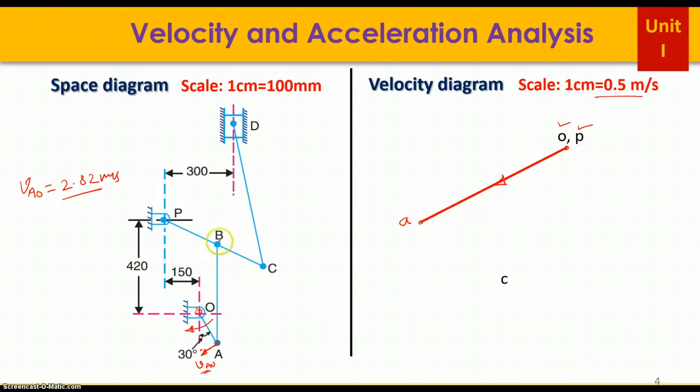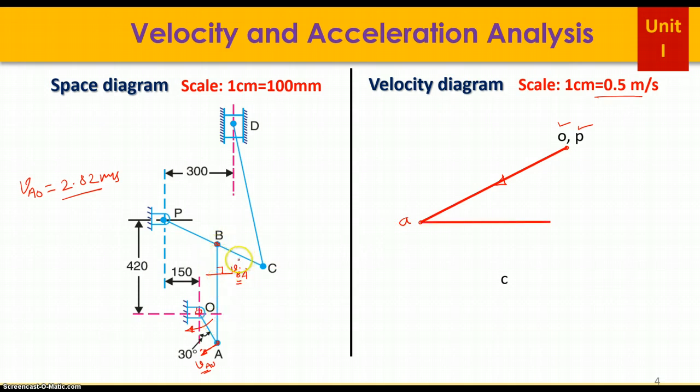Now the second point is B. The velocity of B with respect to A is always perpendicular to this link AB. You know the direction, but we don't know the magnitude. So how to draw? Simply draw a line. From where? Either you know B or you know A. In this case, we know A. From this point A, draw a line perpendicular to AB.